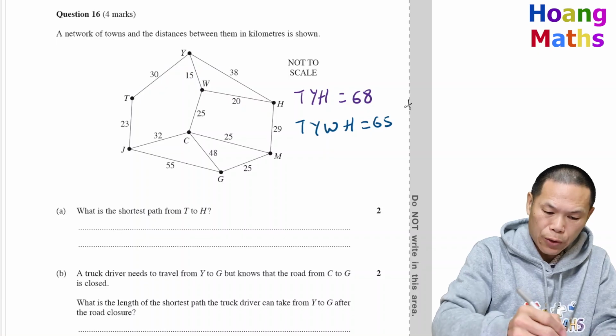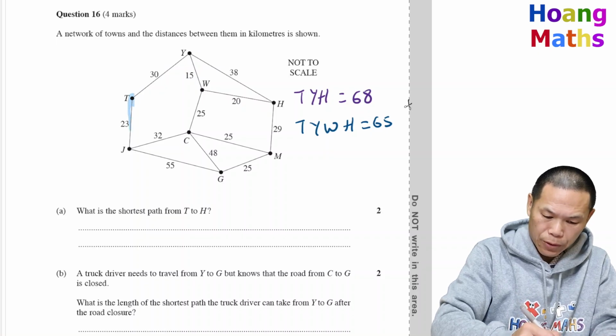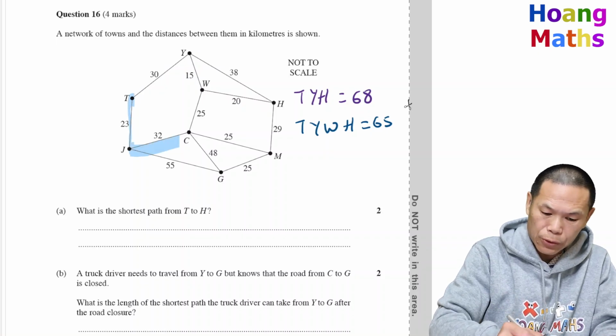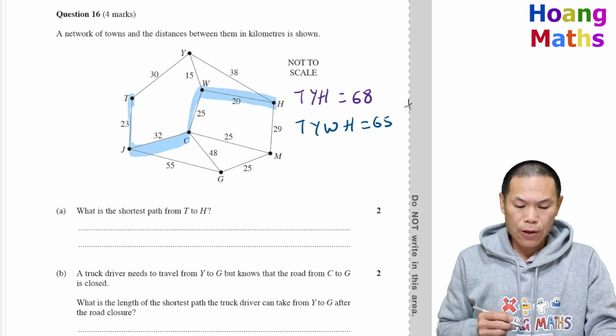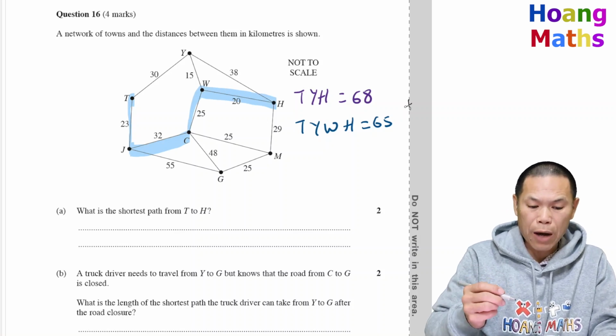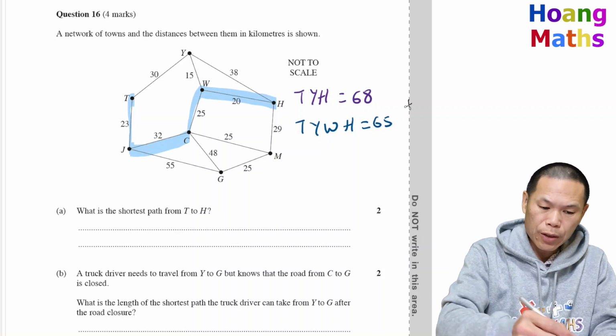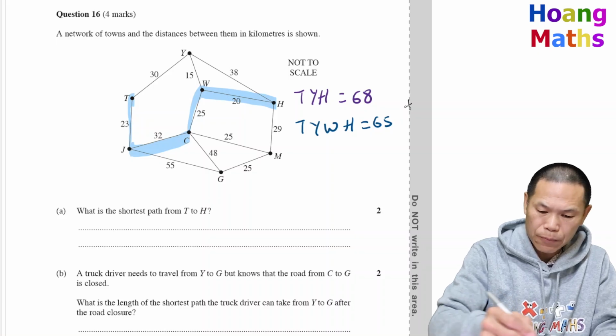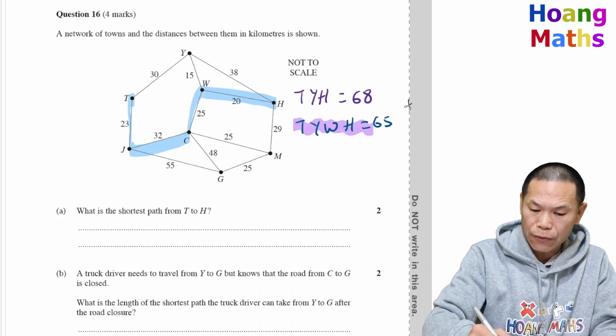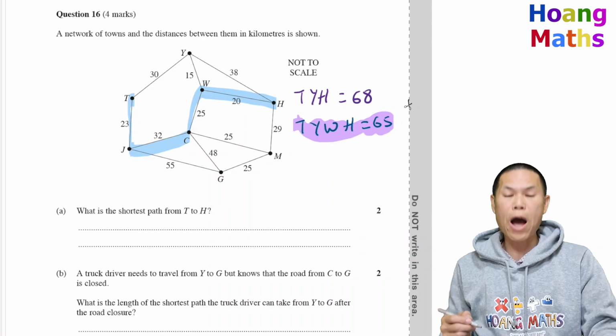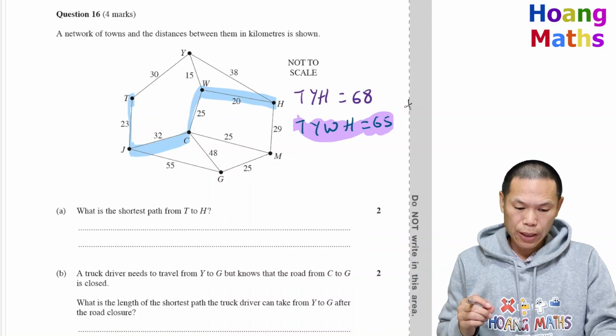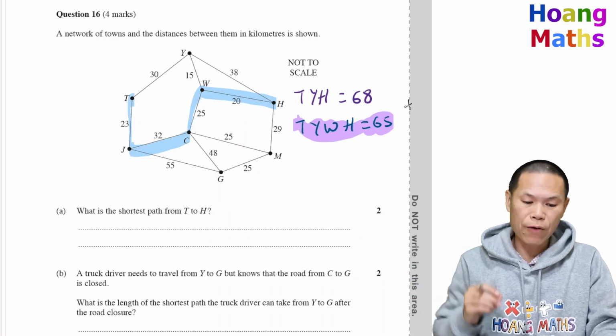We can go T to J to this, and then to this path and so on. But by looking at it, the shortest path is 65. That is TYWH. So that will give us this minimum value.